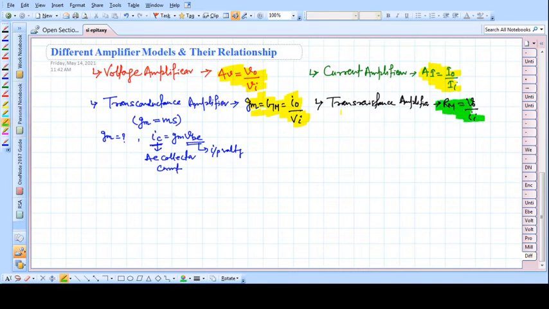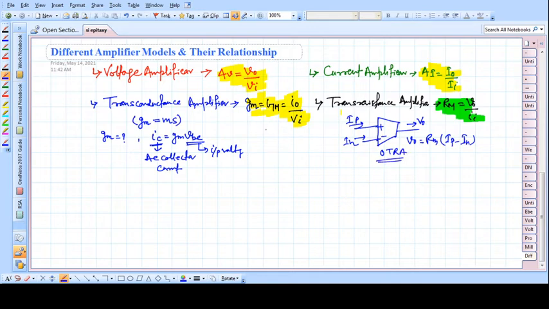So in analog circuits or current mode circuits there are some OTRA based circuits. I am not going into more detail, but for the time being, V naught equals RM times IP minus IN. This one is IP and IN, plus and minus. This one is an OTRA, operational transresistance amplifier.